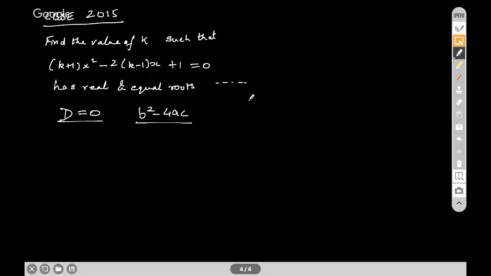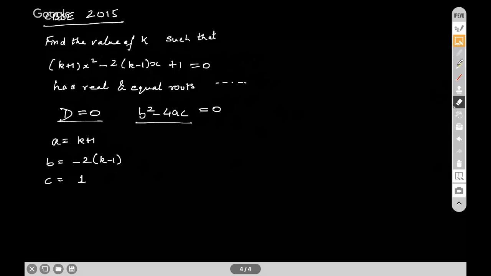So b square minus 4ac must be equal to 0. What did I tell you? Write a, b, and c. So what is a? A is k plus 1, b is negative twice k minus 1, and c is clearly 1.